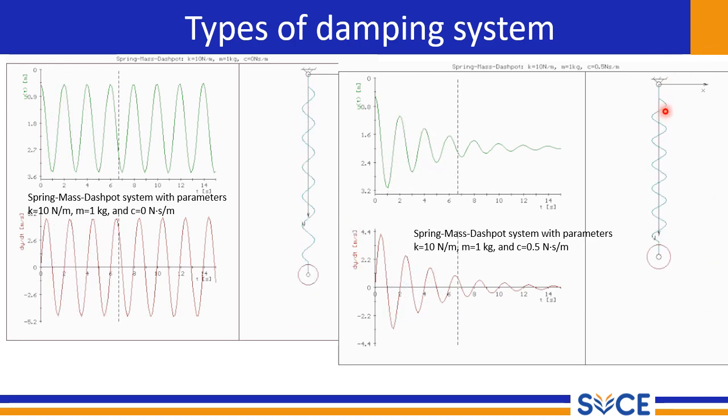Comparison between the two helps us understand the crucial role of the damping coefficient in modifying the system's behavior. Understanding these principles enables engineers to design systems that can withstand and mitigate the effects of vibrations, ensuring the safety and efficiency of various mechanical structures.